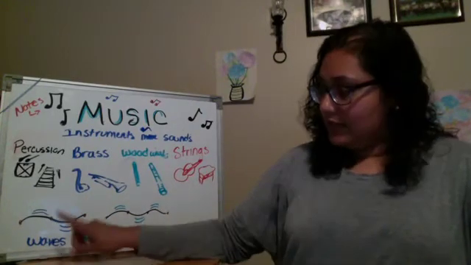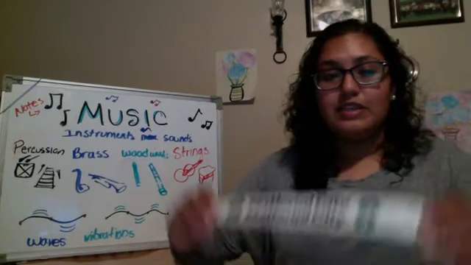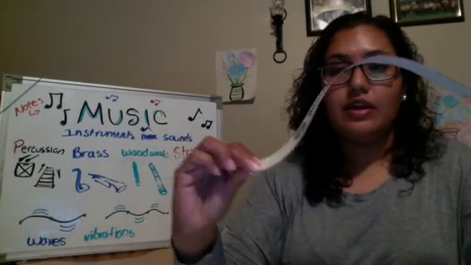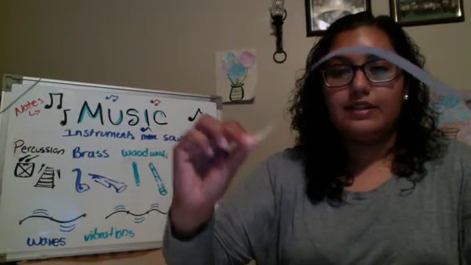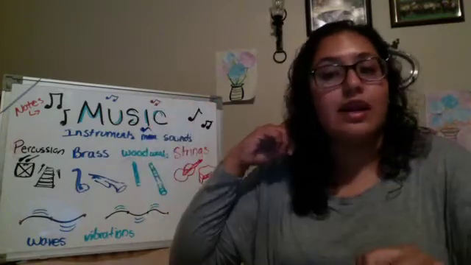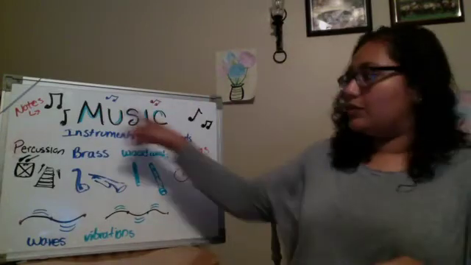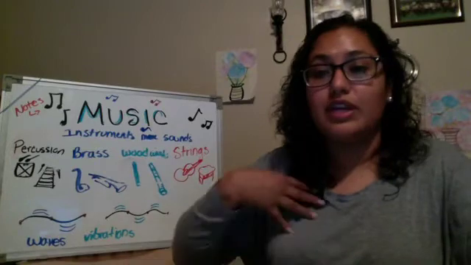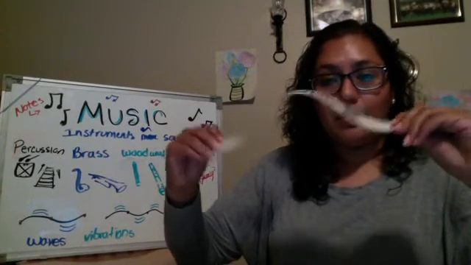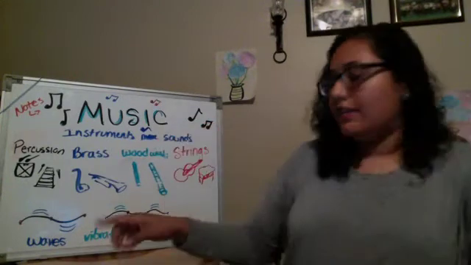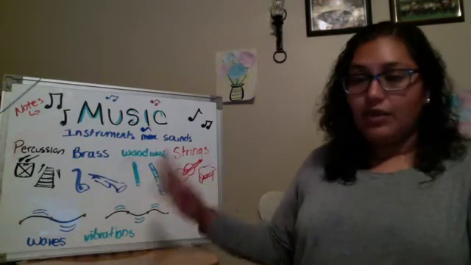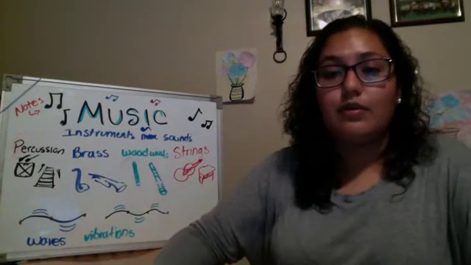If you have a wavelength and you start to move one end up and down, this is the basic wavelength. This specific wavelength makes a sound, a note, one of those musical notes that we can read. If more vibrations happen and more waves start to happen, then it gets higher and higher, making different types of notes. So the notes come from the different wavelengths or the waves that the sound makes.